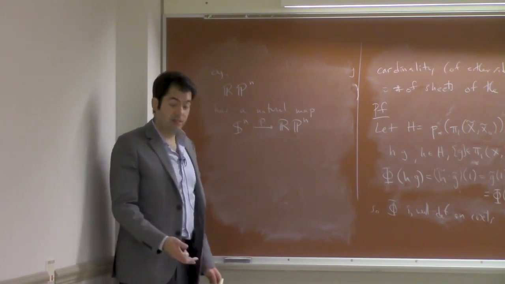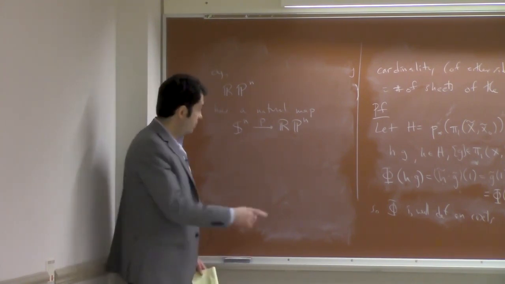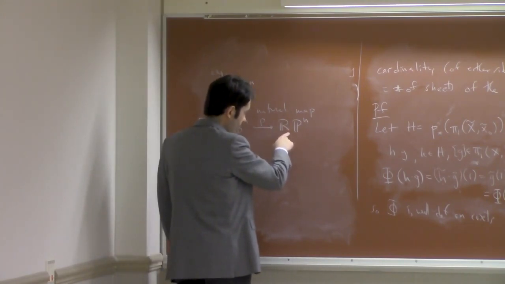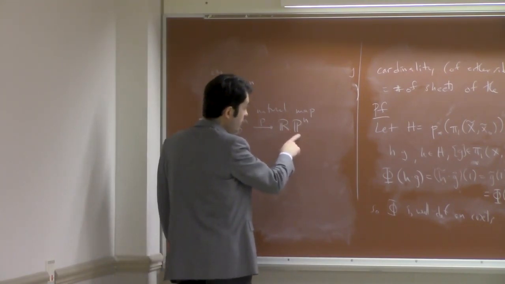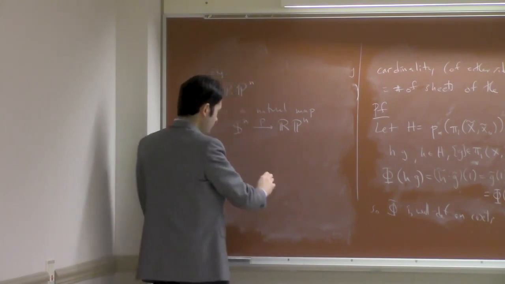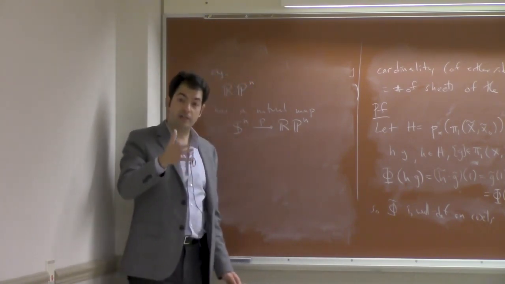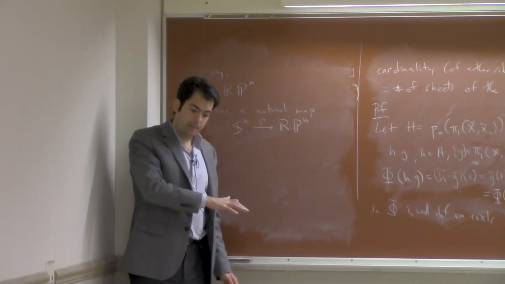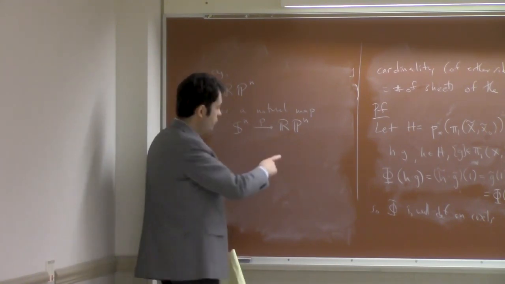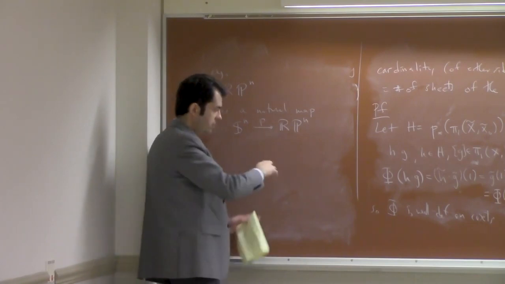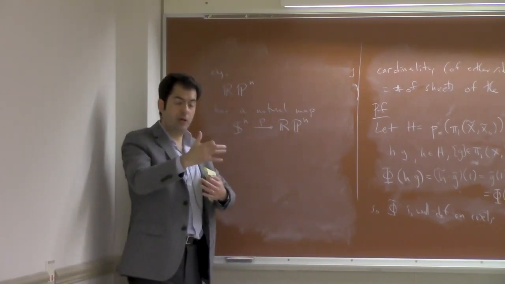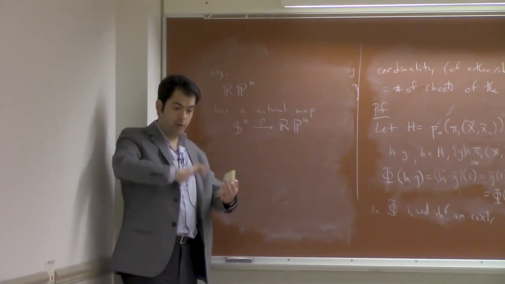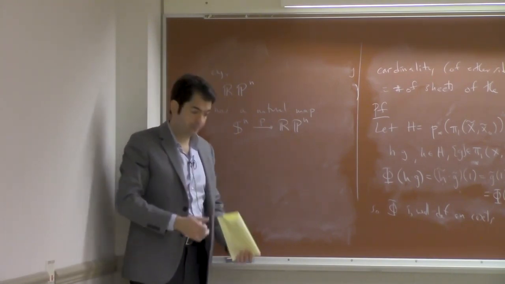It's easy to see that this is a covering map, because just take any neighborhood of a point over here that does not intersect its antipodal image. Just take a neighborhood here, and its lift will consist of 2 neighborhoods, 2 copies of that neighborhood, one around one point and the other around the antipodal point.